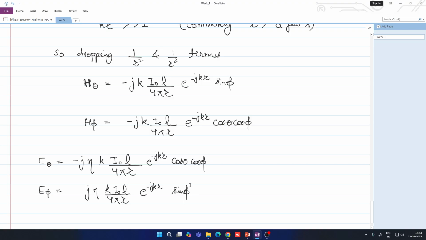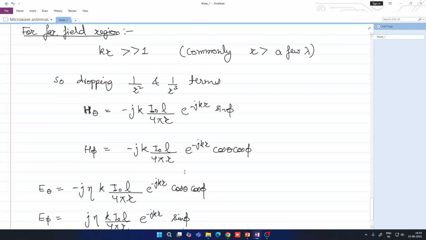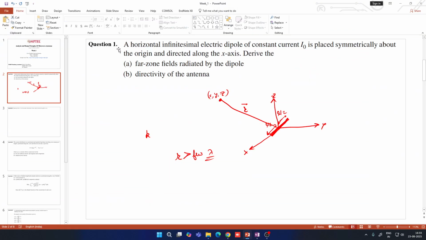So these are the radiated field components in the far field. This is the solution for part A of question number 1.